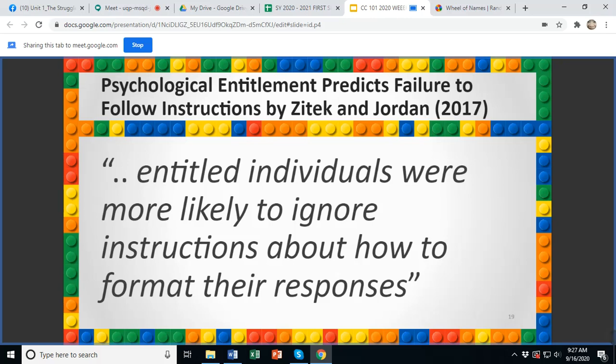We're more likely to ignore instructions about how to format their responses. So ibig sabihin, mga entitled na tao, di ganahan ma-follow instruction because they really think that they're better than the person who gives the instruction.